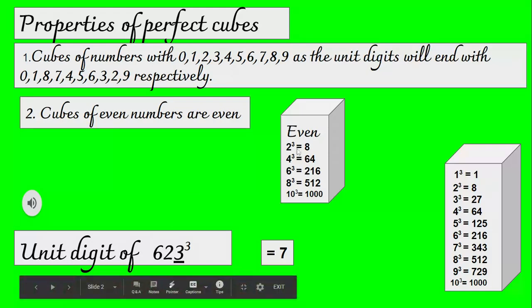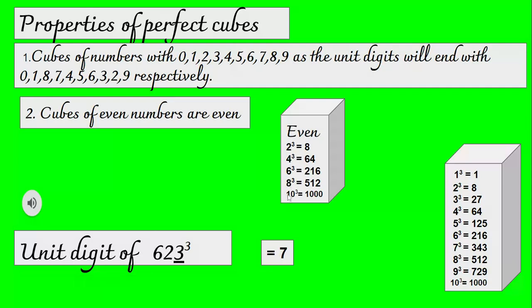So here the even numbers are 2, 4, 6, 8, 10. When you look at their cubes, the values are 8, 64, 216, 512 and 1000, and all of these are even again. So cubes of even numbers are always even.